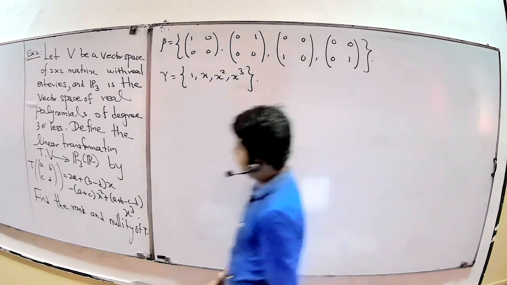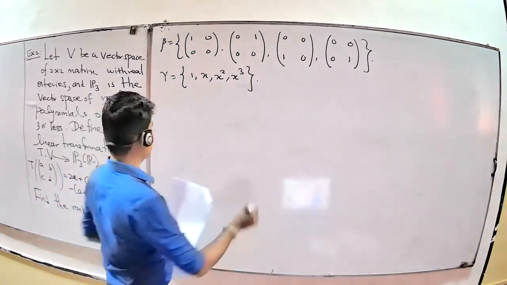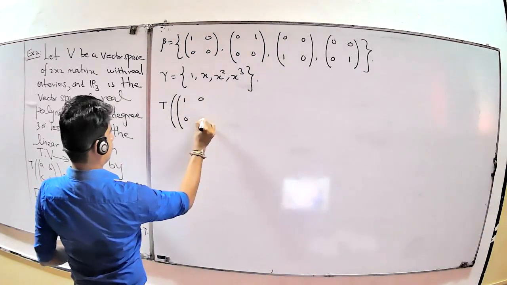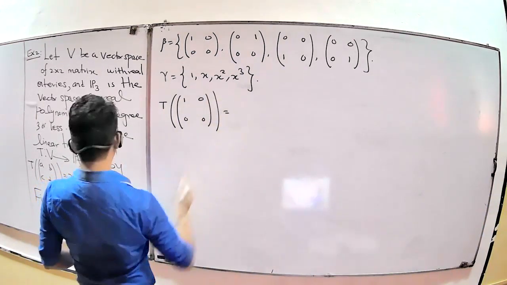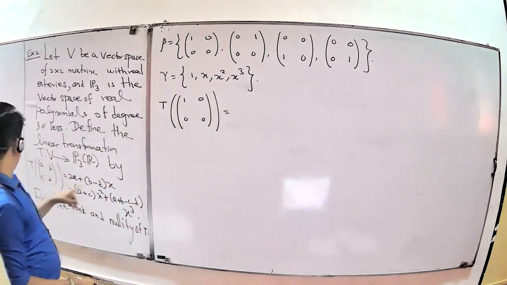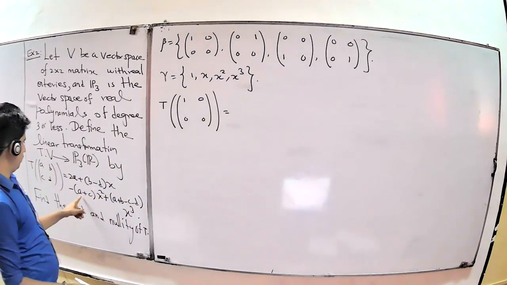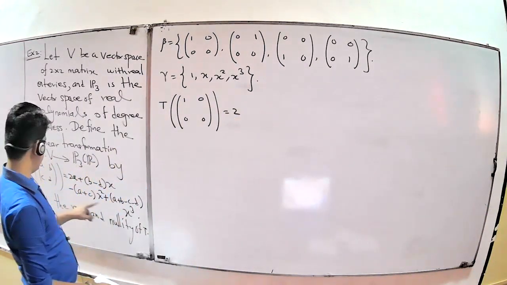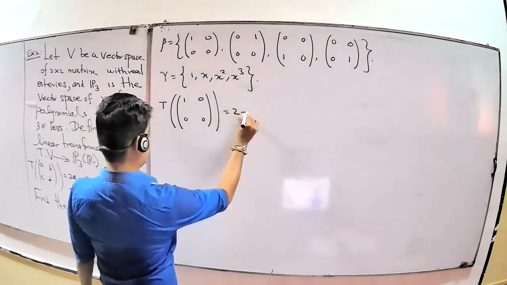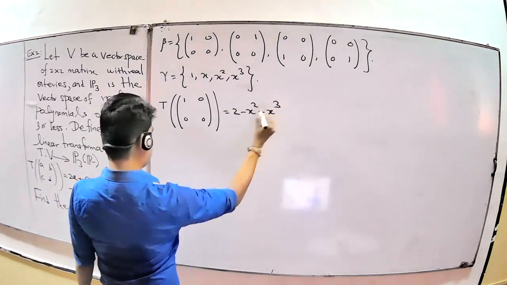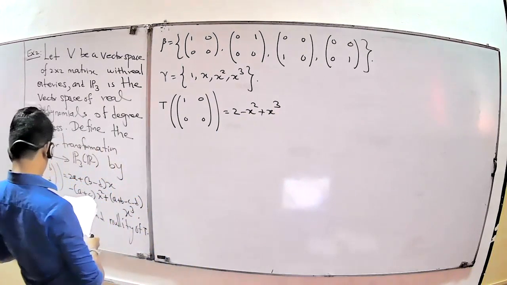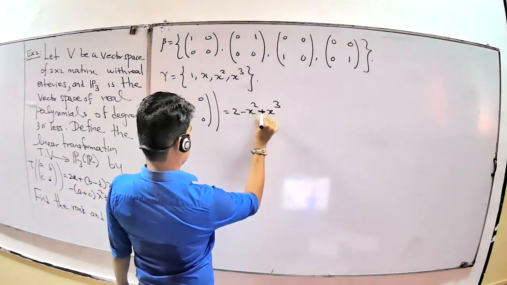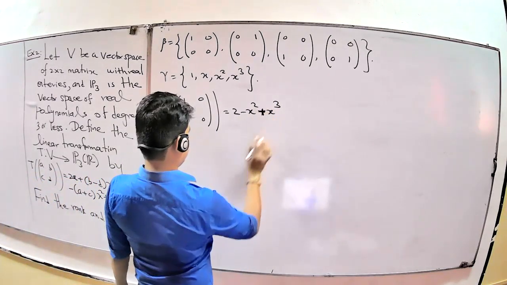First you find the representation matrix. T of 1 0 0 0: only A is 1, therefore you get 2, minus x squared, plus x cubed.